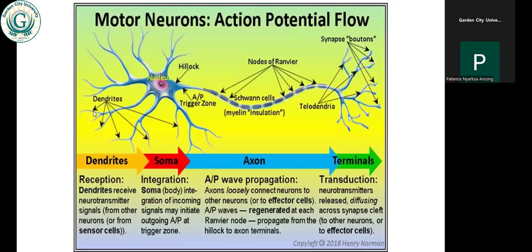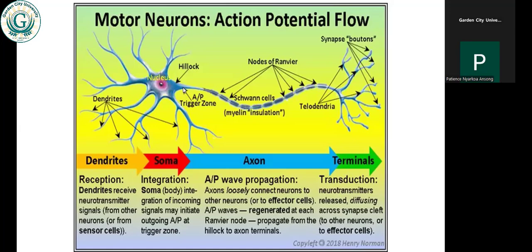So let's say around this dendrite, we have about 10 sodium plus entering. That means -70 plus 10, that will be -60. So by the time it gets to the cell body or the axon hillock, which is also known as the trigger zone, the membrane potential should reach -55.